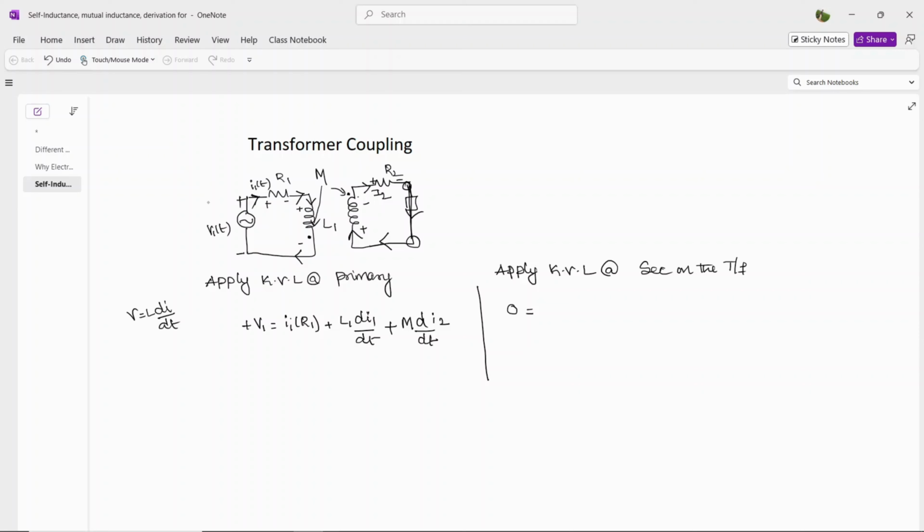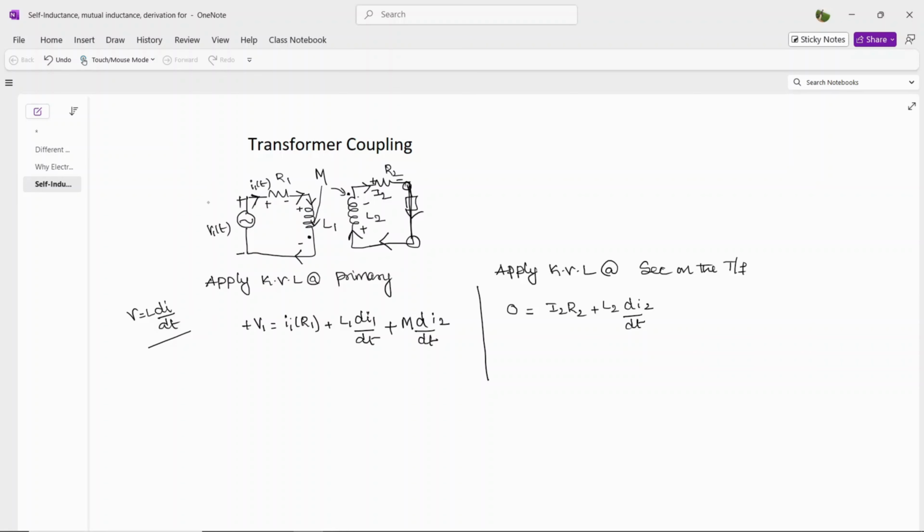The drop is I2 R2, and the drop across the inductor is V equal to L di by dt, and it is offering an inductance of L2, so I can write it as L2 d by dt of the current flowing in this branch, which is I2, and that's all.